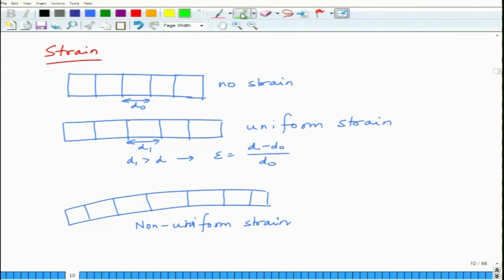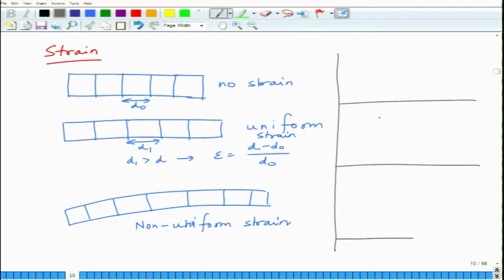So if I just remove this strain word from here and just write it here, uniform strain, and if I now make a plot of, so let us say this is my 2 theta, this is the second 2 theta, and this is the third 2 theta. So this is the intensity axis and this is 2 theta for all of them, okay.